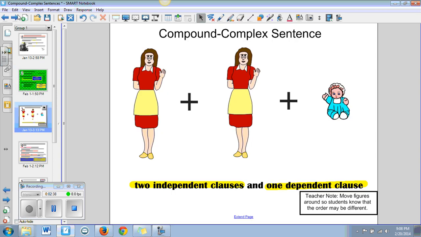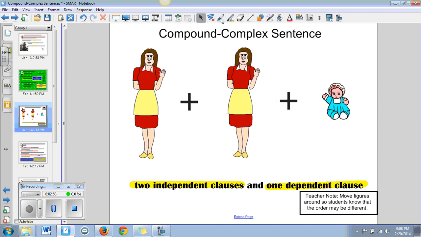So today what we're going to talk about is compound complex sentences. And it is exactly what it sounds like. Here we have a sentence that combines a compound sentence and also a complex sentence.